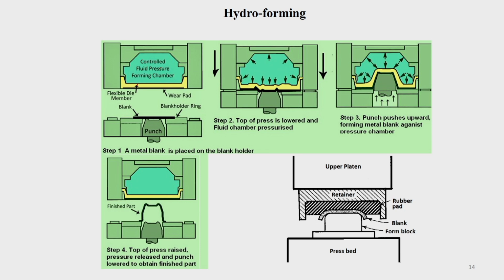Your blank is kept on a die, inside a blank holder ring, and then the whole arrangement will move up and press against the top part, the fluid pressure forming chamber. You remember that here there is fluid. And this is rubber, so that also will act like a hydrostatic type of stress.